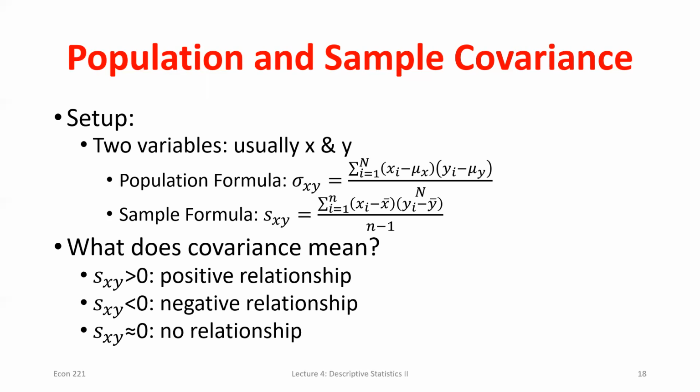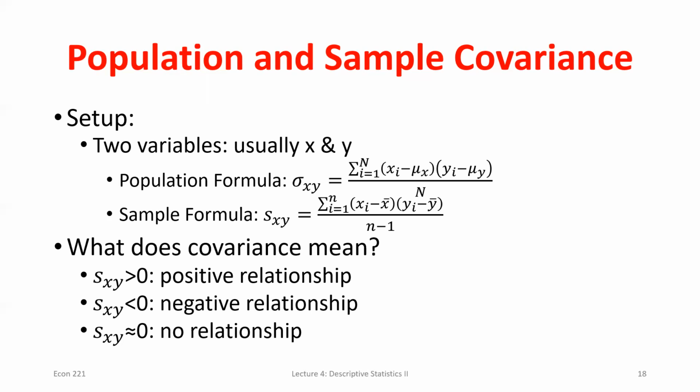Now, the way we're capturing this relationship, being positive or negative or zero, is really coming from the fact that we're thinking about, do these variables tend to be on the same side of the average? Because if, let's say, I have a person with above average income and above average years of education, then when I subtract the average, I'm going to have a positive value times a positive value.